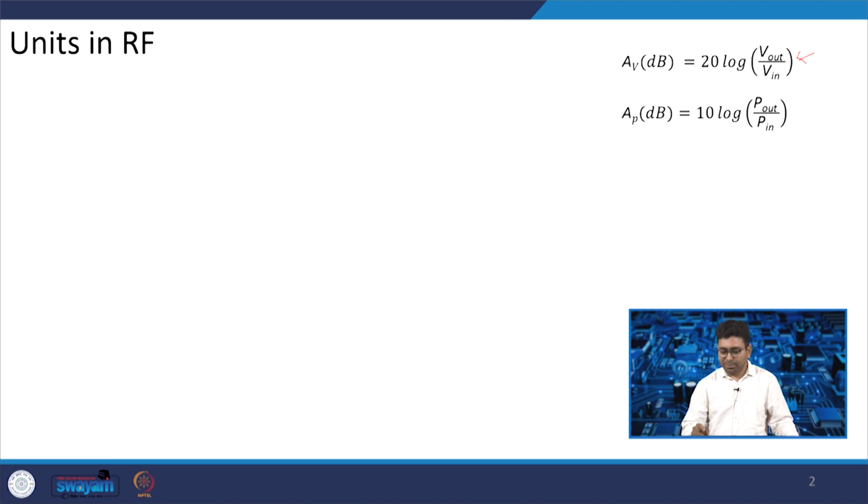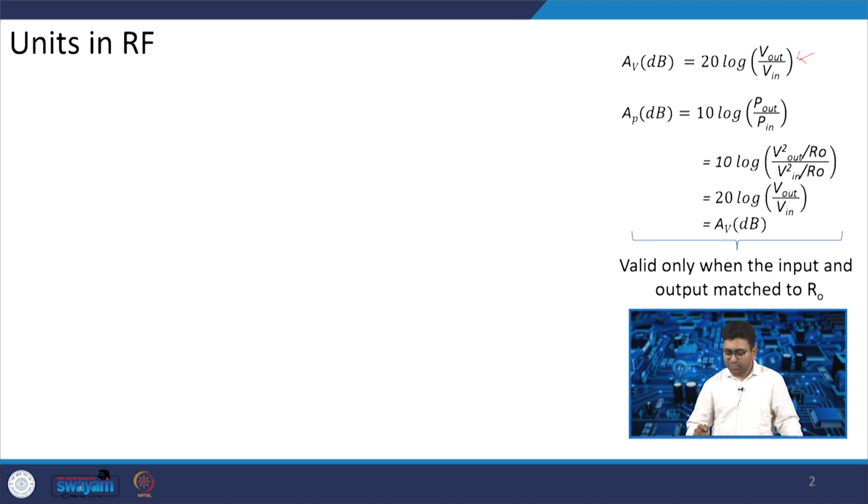If you replace P out with the voltage quantity, that is V square out by R out, and P in is V square in by R in, then if R in is equal to R out, that means input impedance is equal to output impedance, which for most RF systems is 50 ohm, then you can also write that power gain is equal to voltage gain.